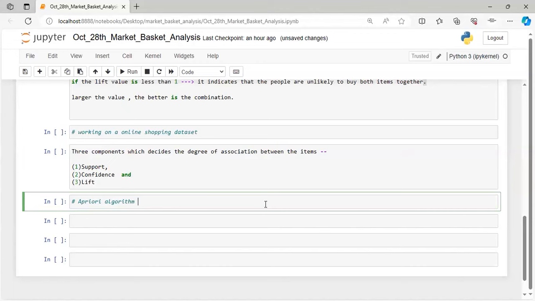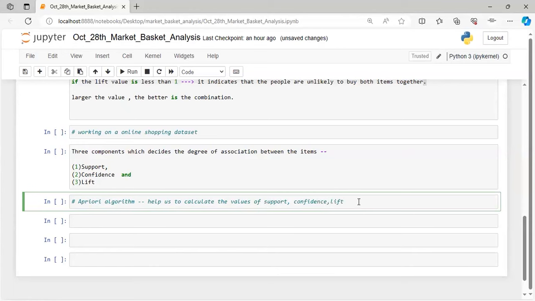This particular algorithm will help us to calculate the values of support, confidence, lift, and some other information. But before applying this algorithm, we have to pre-process the data set. We have to convert the data set into numeric format. These formalities are required.